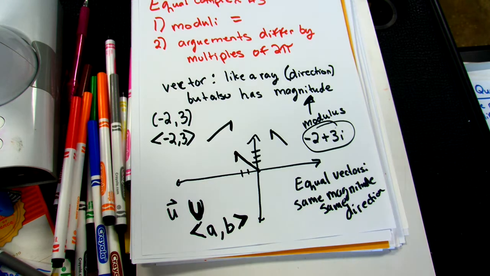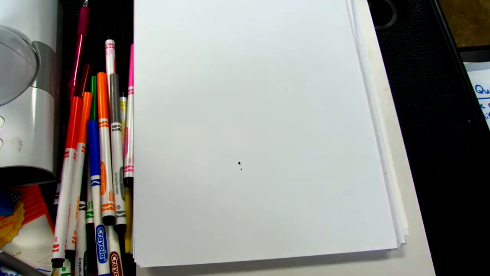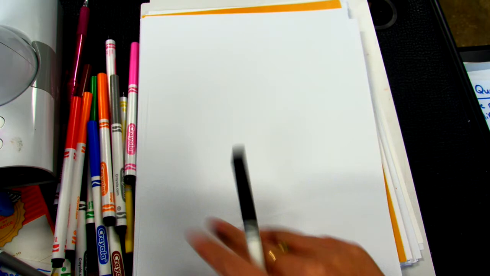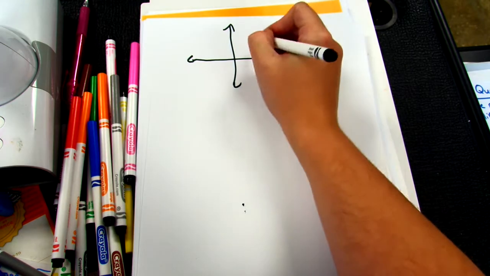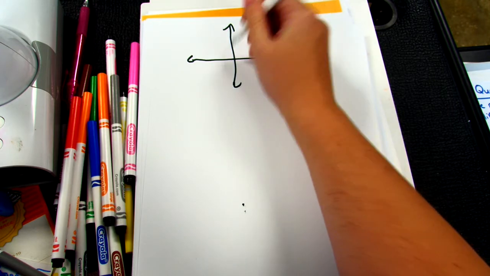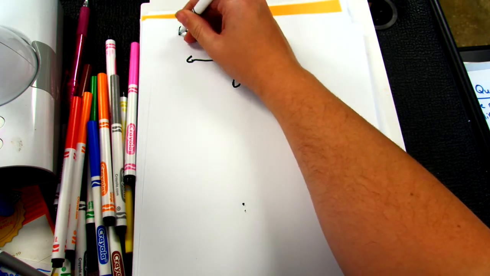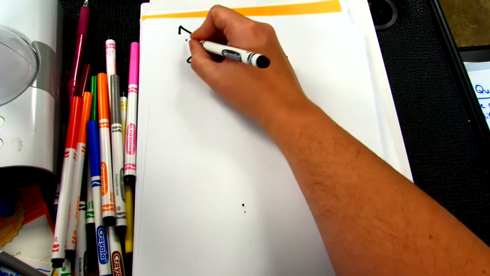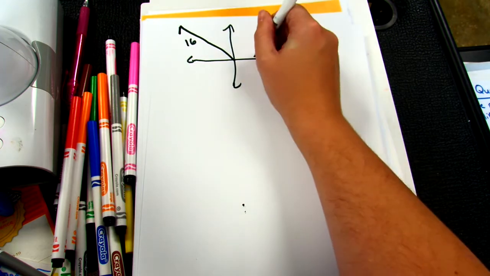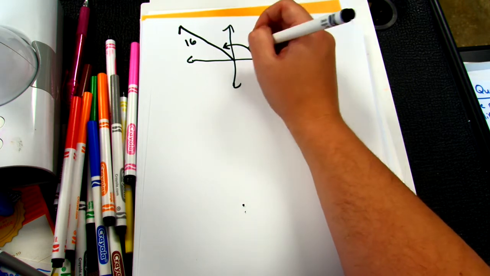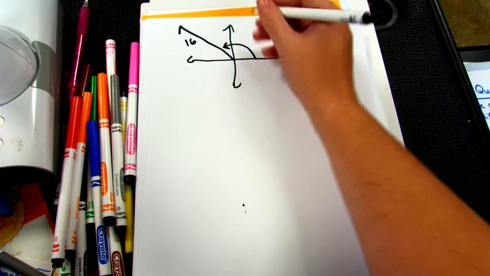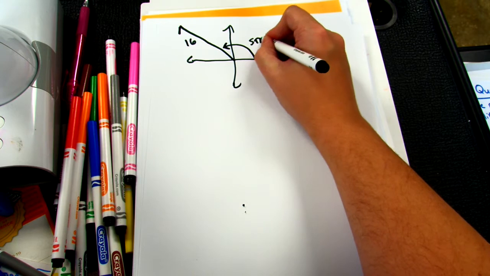All right. Let's do an interesting problem. A graph for this problem. And we have a vector, and its magnitude is 16, and its argument is 5 pi over 6.